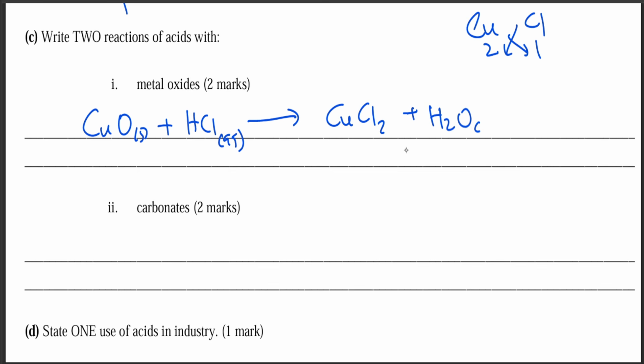If you take a base reacted with an acid, you get a salt. So is it balanced? No, it's not balanced. We now have to put 2 here. That makes 2 hydrogen here and 2 hydrogen there, 2 chlorine, 2 chlorine.